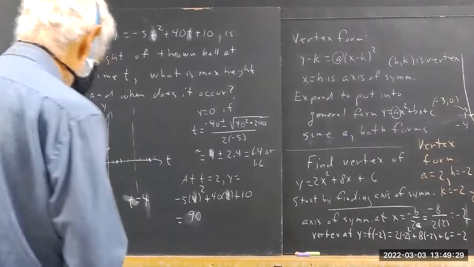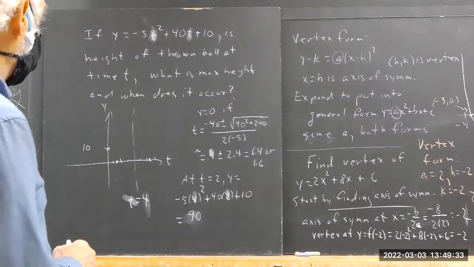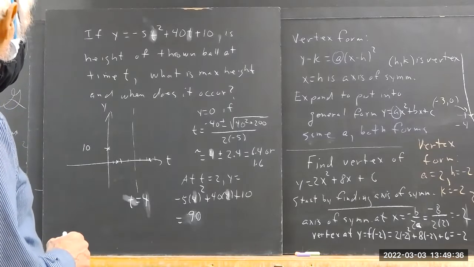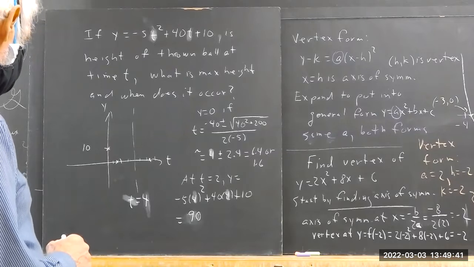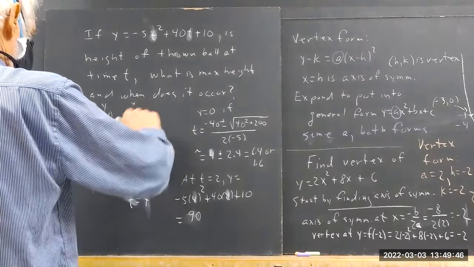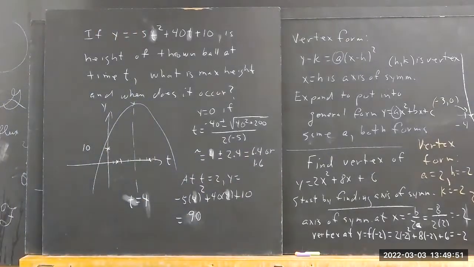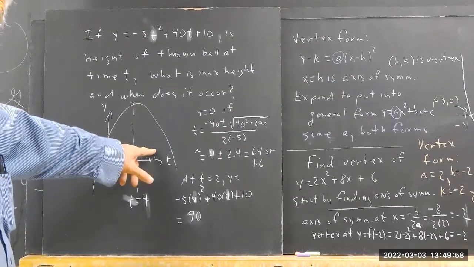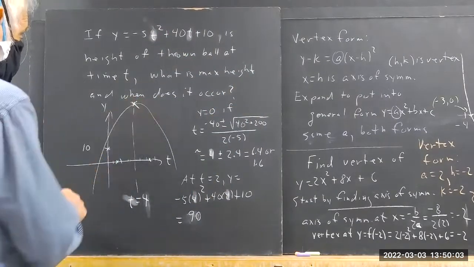It's not right because this thing is upside down, so why would it be wrong? If I have 10 here, I have 90 up here, I have the graph here with my zeros. Something is wrong. But the whole point is, this is how high it goes.